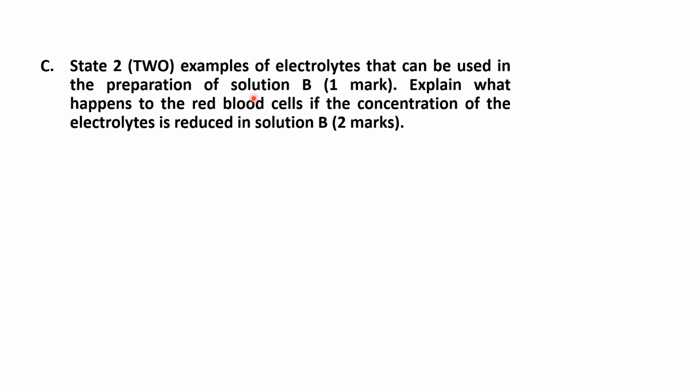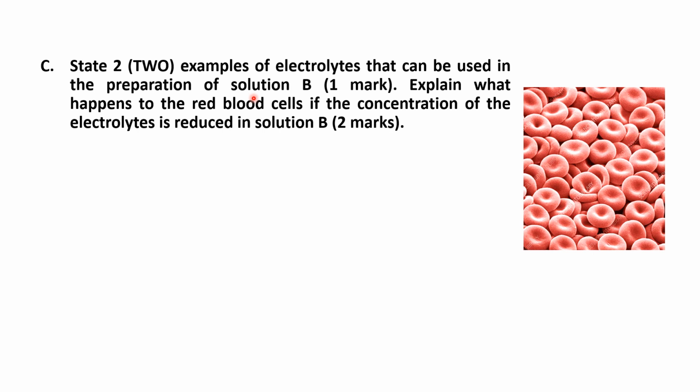Let's look at the image here. This is the image where we can see the shape of the red blood cell is preserved. So what are the examples of electrolytes that we can use? Think about electrolytes that you can find in the extracellular fluid.